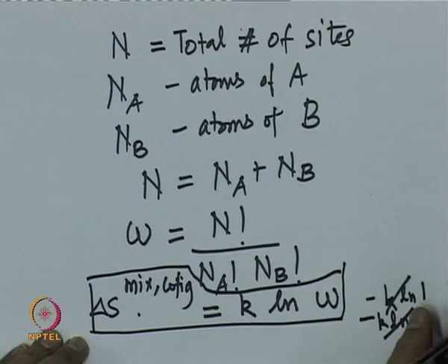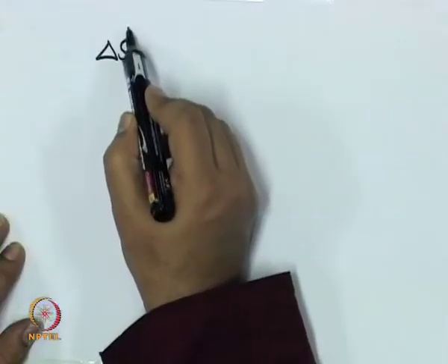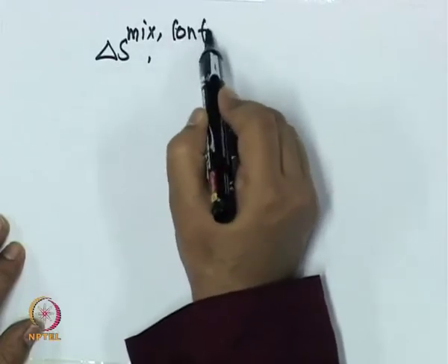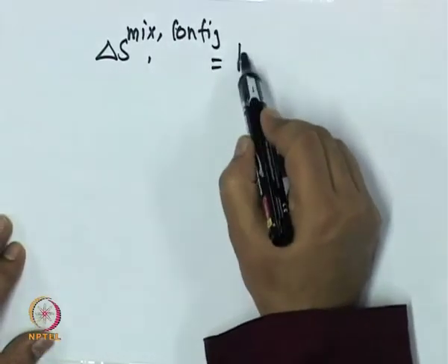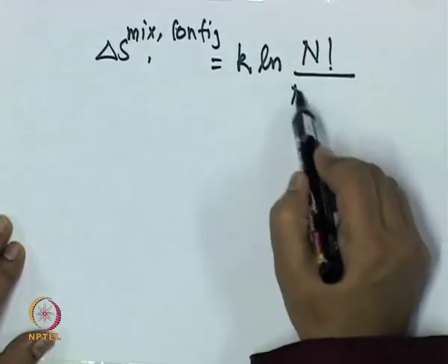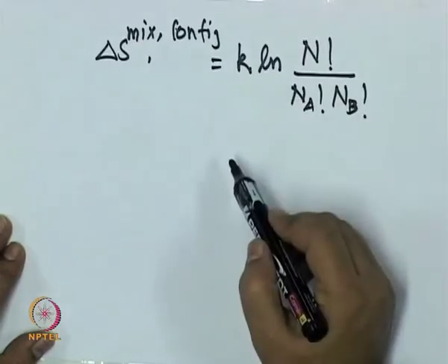Now, let us do the algebra in a little bit more detail. So, this is the configurational entropy. I have delta S mix of configurational entropy, that is nothing but k logarithm of n factorial divided by Na factorial Nb factorial.